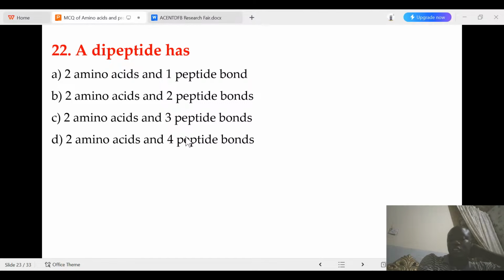Achiever says question 22 is B. Any other contrary answer? Nehemiah says question 22 is B. Any other answer? Okay.